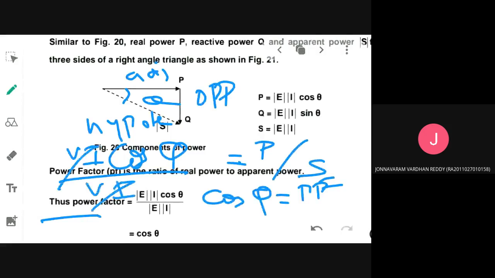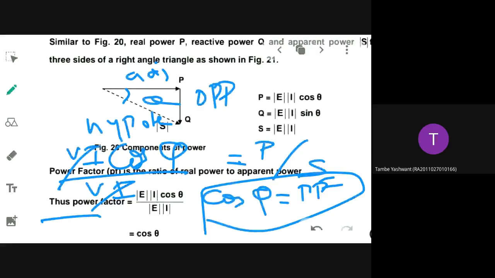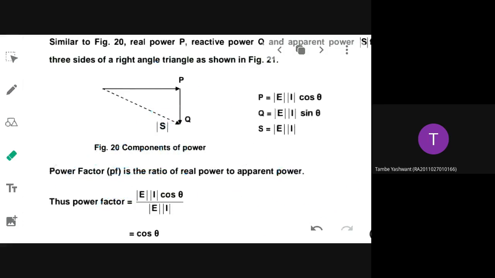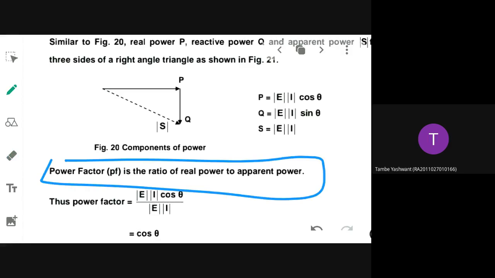So this is called the power factor. How will you define power factor? It is the ratio between which two powers? The ratio of active power to apparent power, or real power to apparent power.